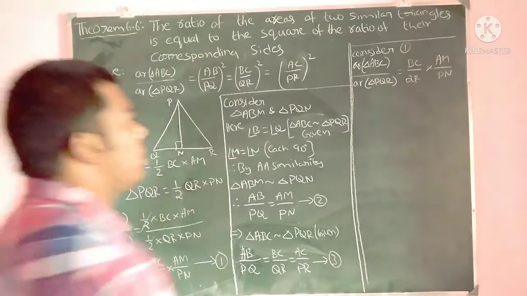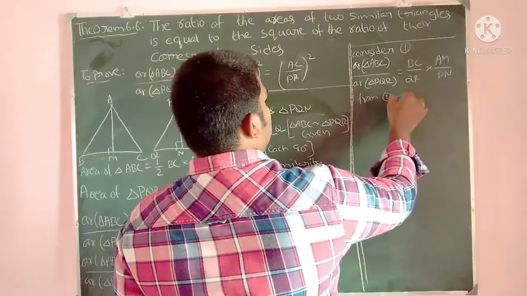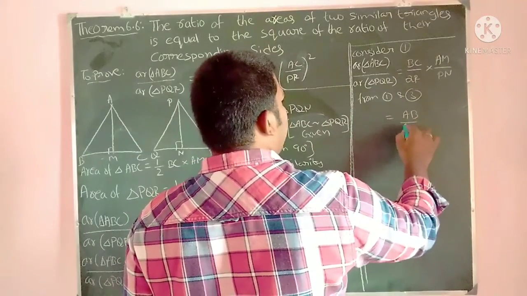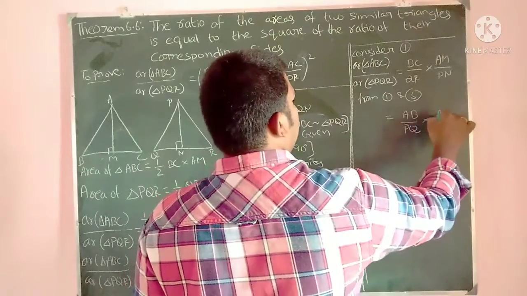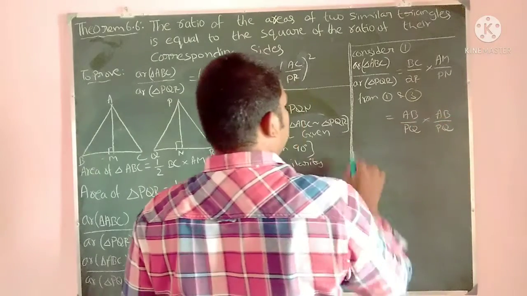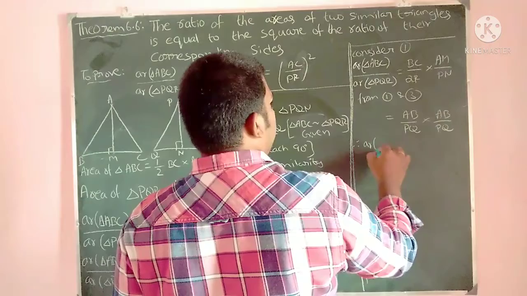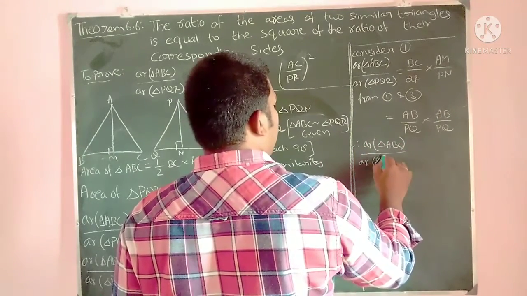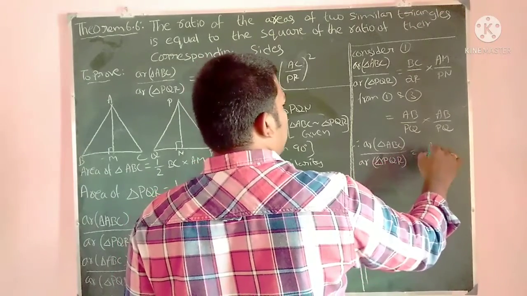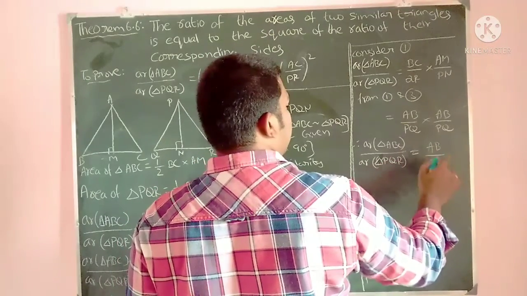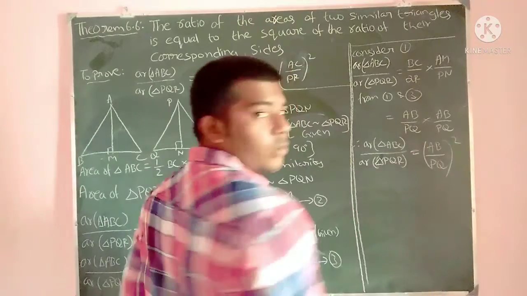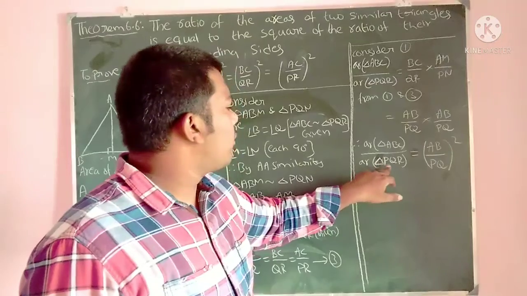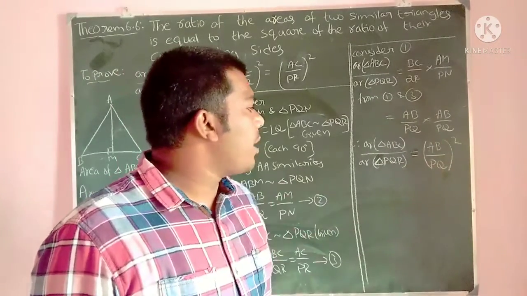So both from 1 and 3 we can write this: BC by QR means AB by PQ into AB by PQ. So therefore area of triangle ABC by area of triangle PQR equals AB by PQ whole square.